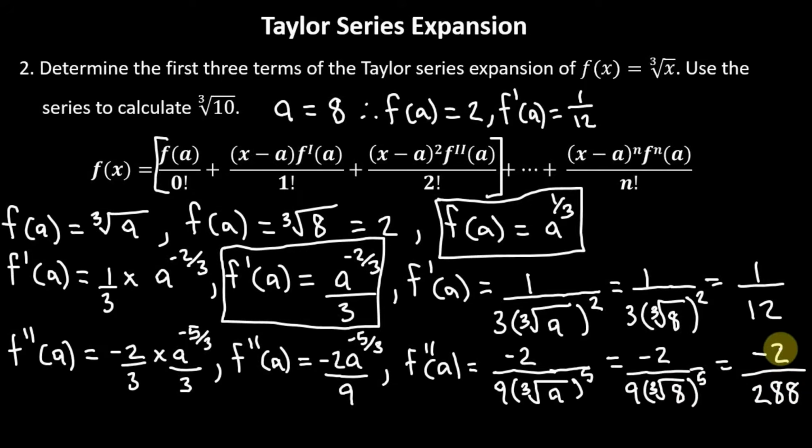And of course we can reduce this guys, so 2 into itself 1, 2 into 288 will give us 144. So therefore we can say the second differential of f of a is equal to negative 1/144.